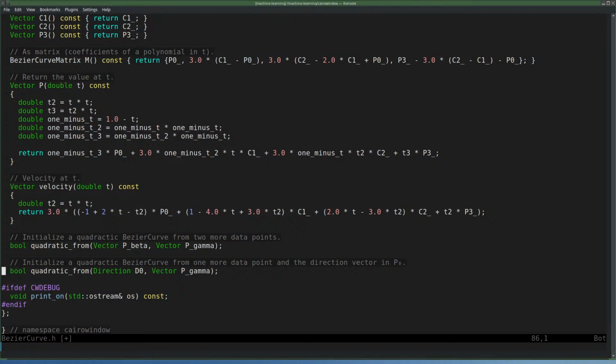So I have most of my classes three times in three different namespaces. And this namespace is more for the pure mathematics, nothing to do with cairo. So let's first concentrate on that.